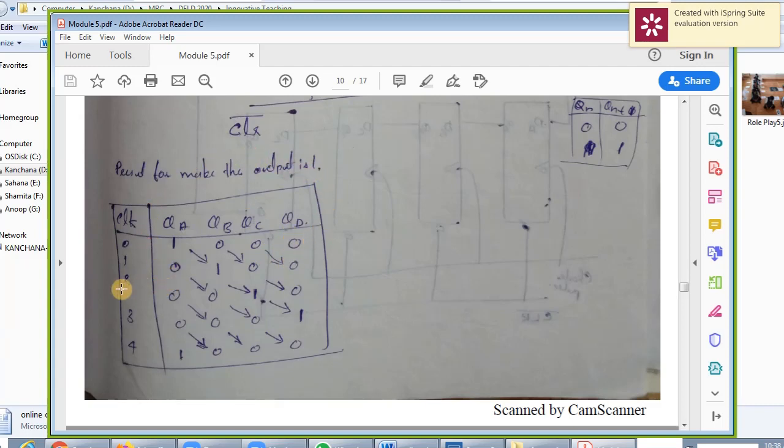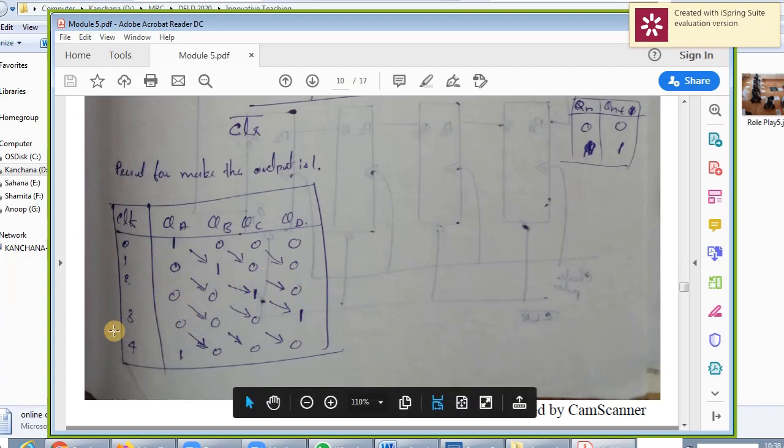So on the next clock pulse, again it will repeat. This value will transfer here, this value will transfer here, this value will transfer here, and this value will come back to QA. So the 1 will be transferred like this: first initially it is QA, next QB, QC and QD.